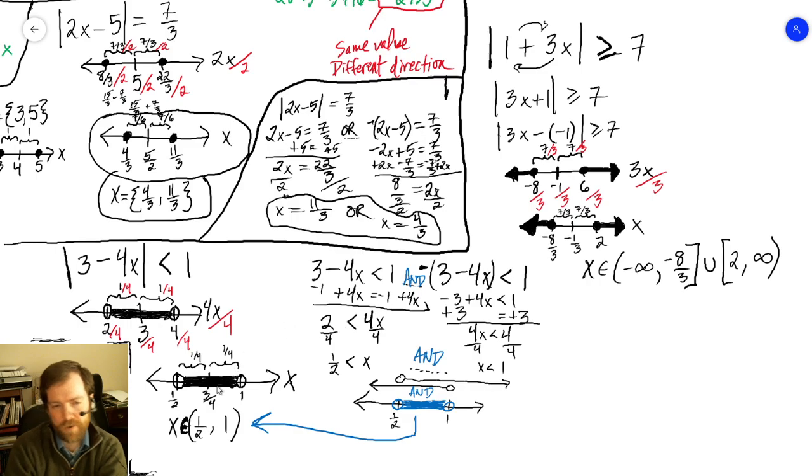Or if, like on this previous one, if we plug in 1 over here, we get 3 minus 4 times 1 is going to be 3 minus 4. So negative 1, absolute value is 1. 1 is less than 1 is a false statement. And again, infinity, you just can't plug it in. It doesn't really work. You could do some stuff with limits, but we're not going there today.